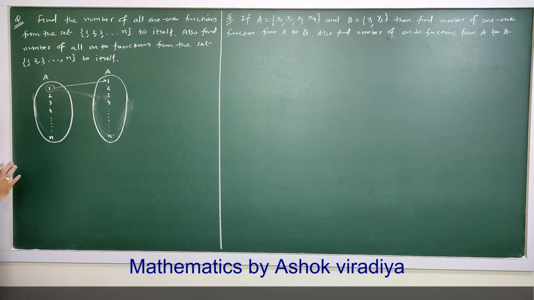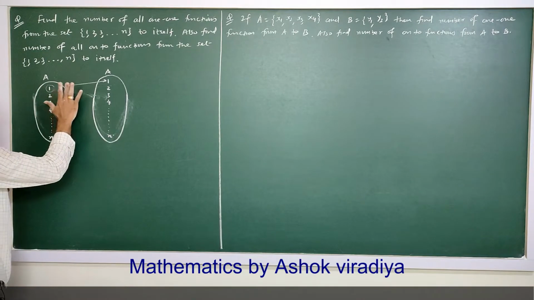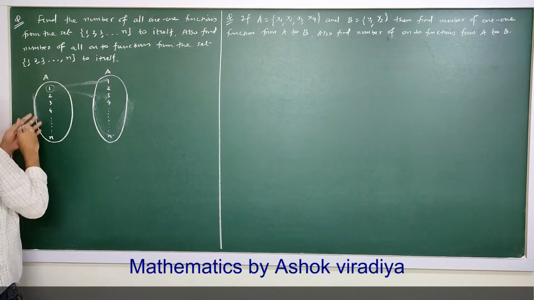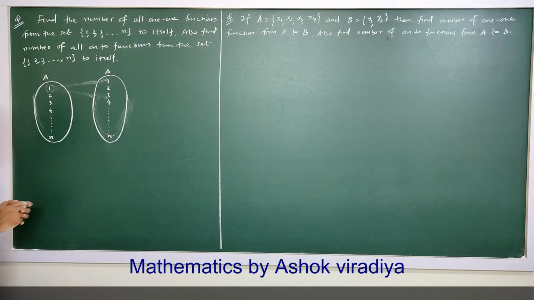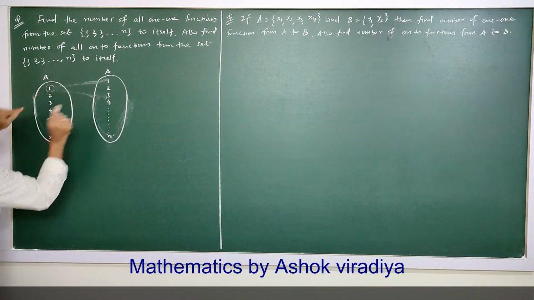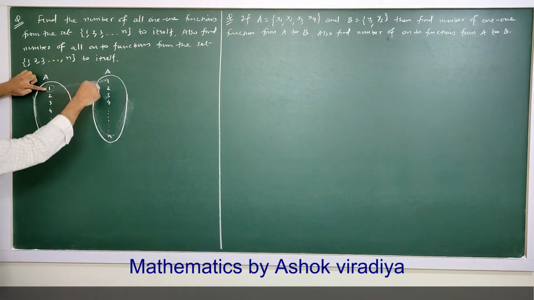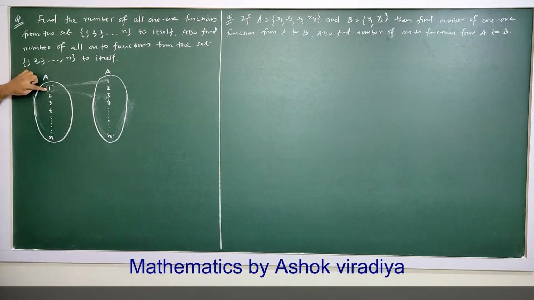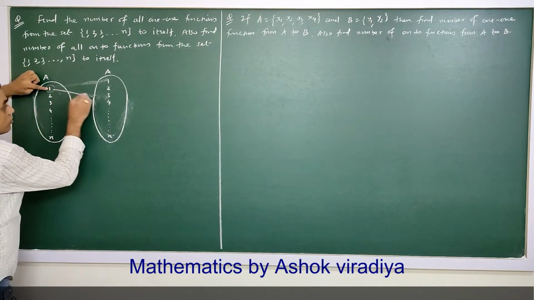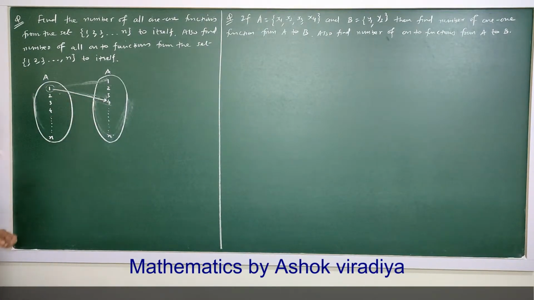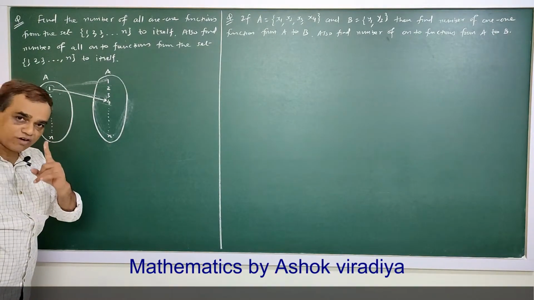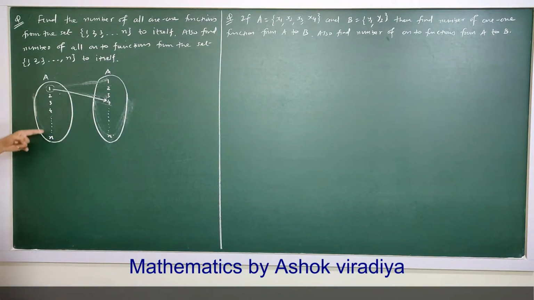This is allowed. Or you can associate 1 with 2, or you can associate 1 with 3. So 1 has n choices. 1 can be associated in n ways. If you join 1 with 4, then you can't join 1 with any other element. Only 1 arrow from each element of the first set.